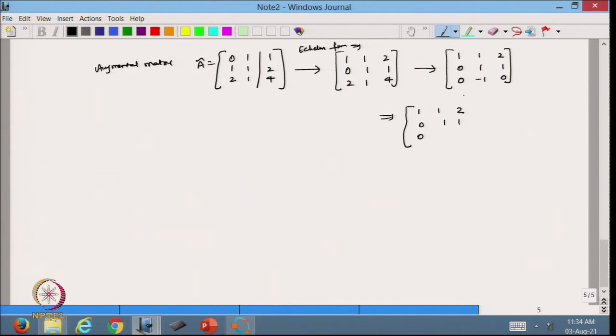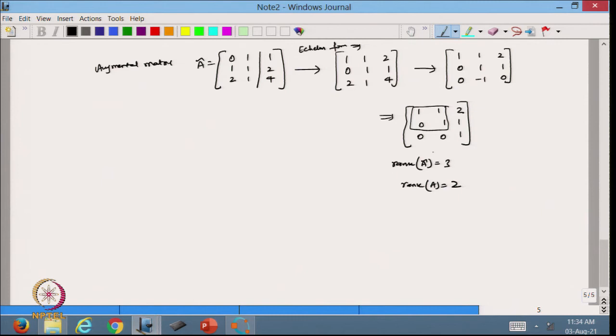Now, adding this one, it will be 0, and adding here it will be 1. So, I can say from here that the rank of the augmented matrix is 3, but the rank of A is 2. If you see, this is the A matrix. So, rank is 2, and for the whole augmented matrix, the rank is 3.